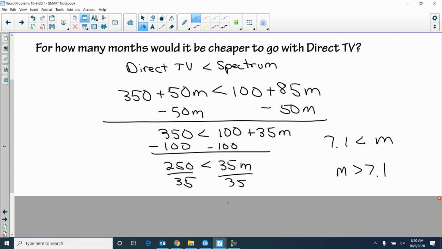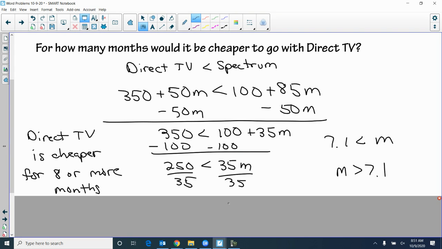What's the next number bigger than 7.1? Yeah, but you were going to do it by every whole month. 8. There we go. So DirecTV is cheaper for 8 or more months.